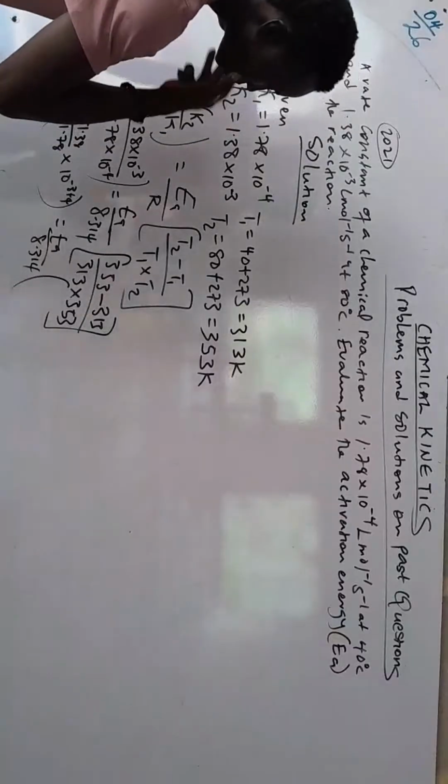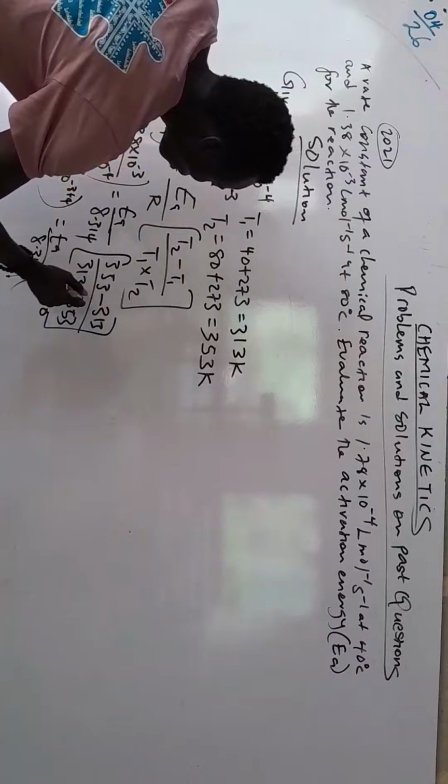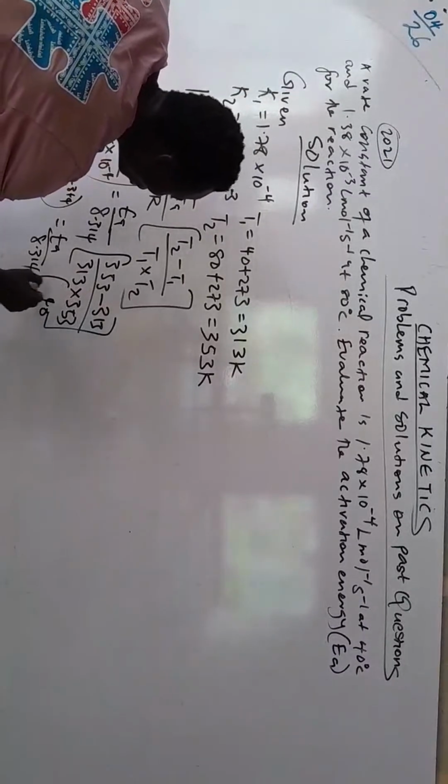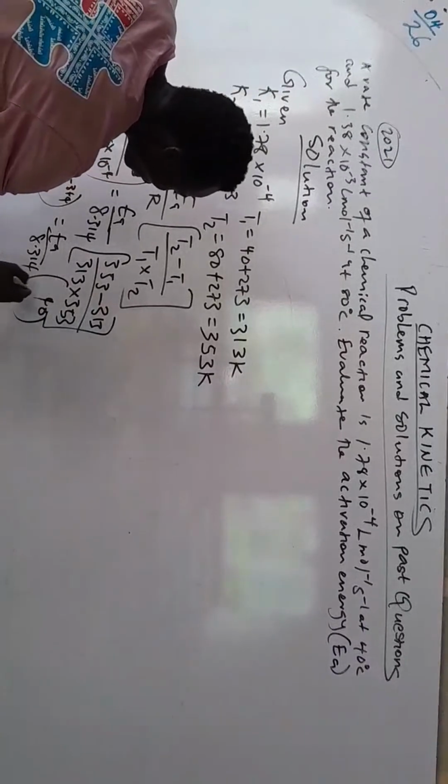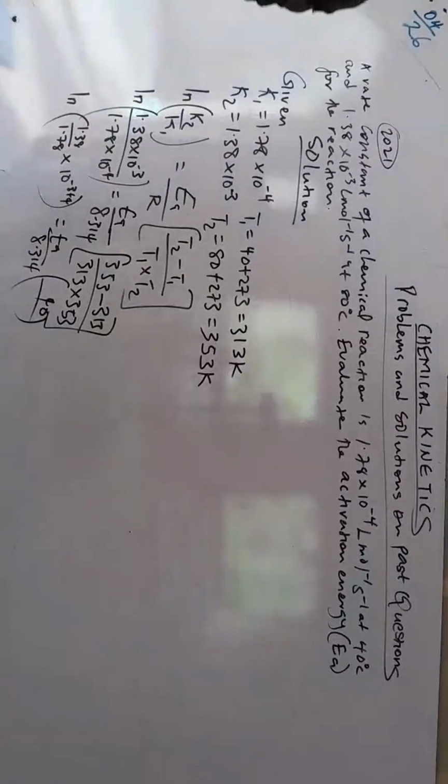When you subtract the temperatures, you are going to have 40, all divided by the product of the lower one. What are you going to have there?